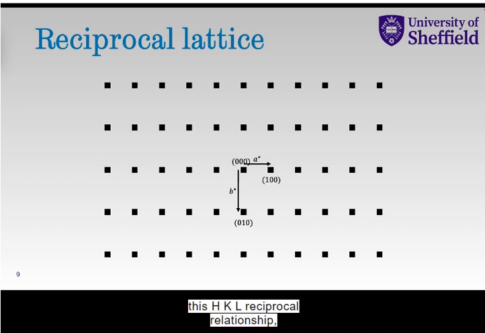So having this HKL reciprocal relationship, where we said the intercept was A over H, B over K, C over L, it turns out mathematically it all comes together here, because we're then seeing these diffraction spots that are being produced by those specific planes that we have in our crystal structure.